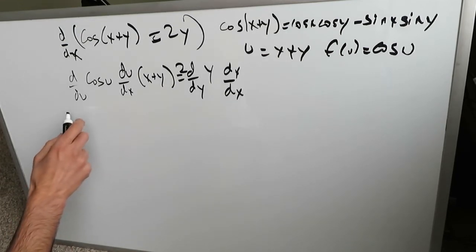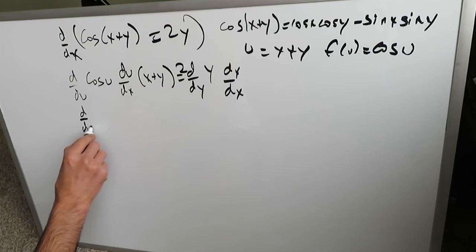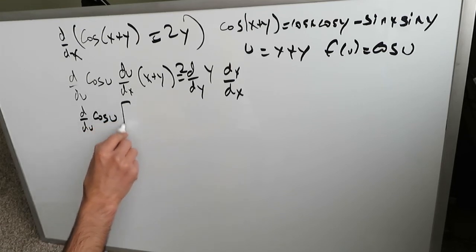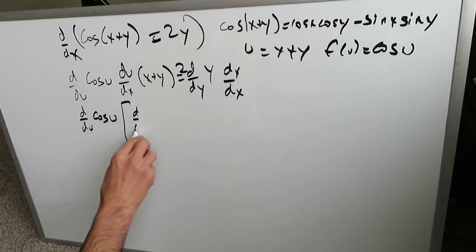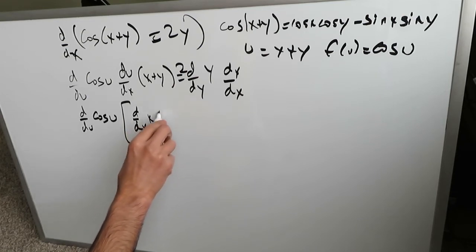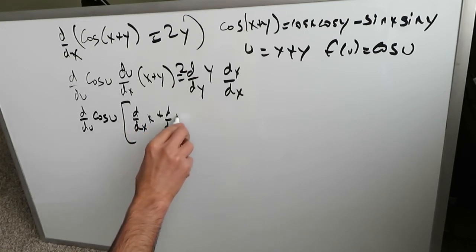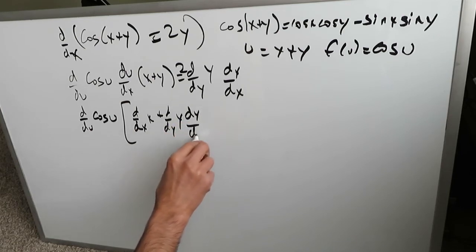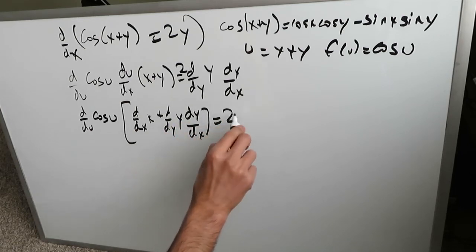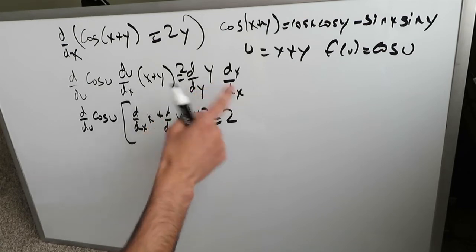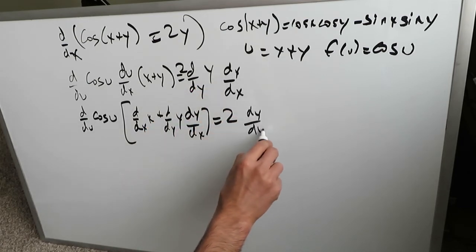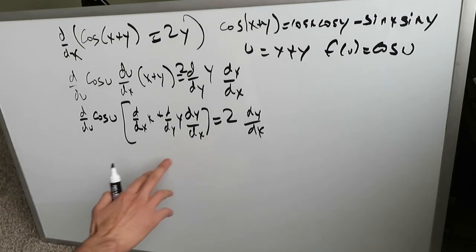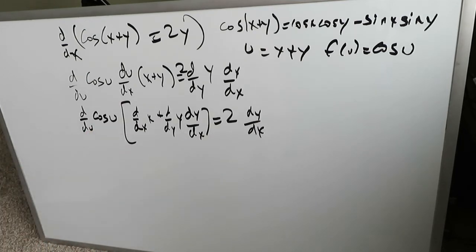Now we'll do the simple differentiation rule: d over dx of x plus d over dy of y times dy over dx is equal to 2 multiplied by the derivative of y, which is just a 1, which will stay retained with the dy dx. Now you only have to worry about this part, and each of these will individually multiply with cosine u, but it's not hard.